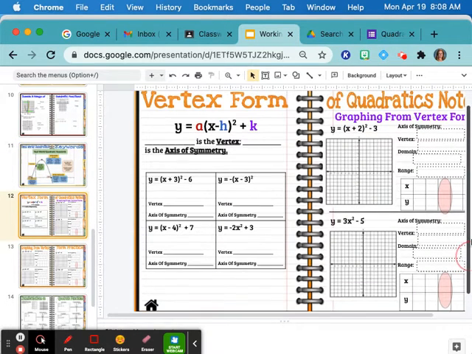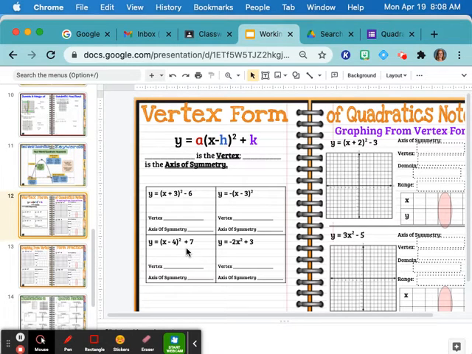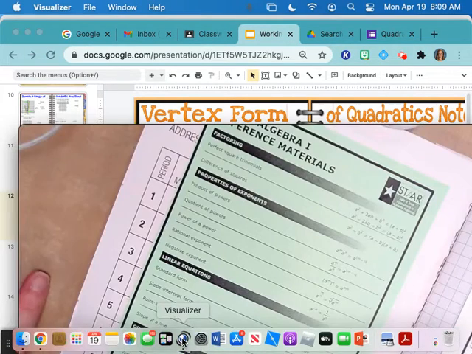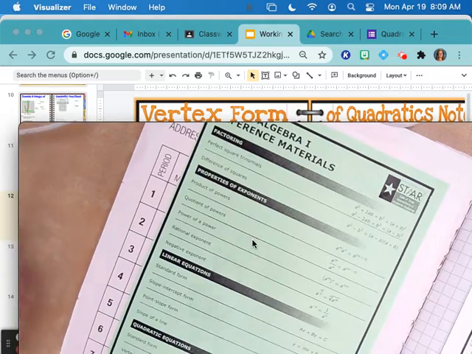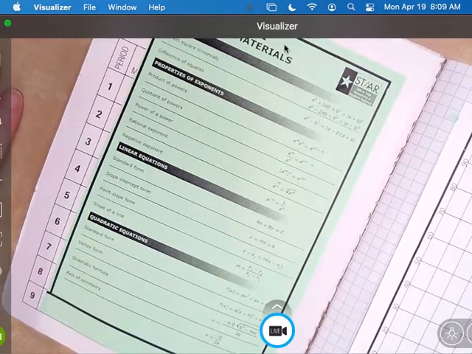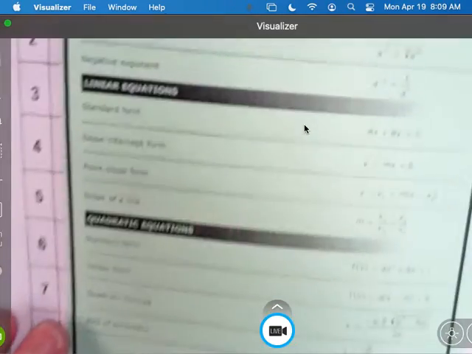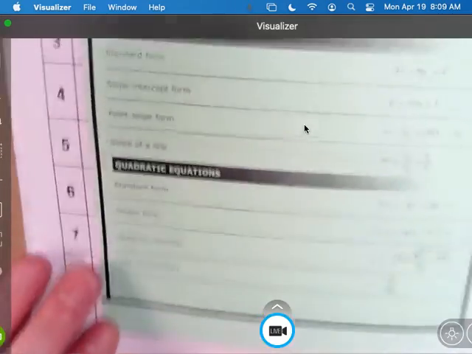Okay, if we look at our formula chart that's in our journal, pull out your journal for me. Let's look at our formula chart. For quadratic equations, let's see all the formulas we have looked at so far.